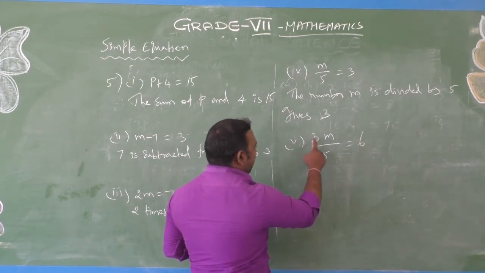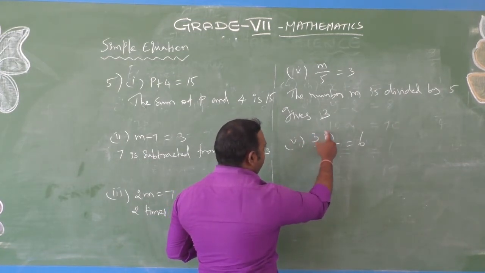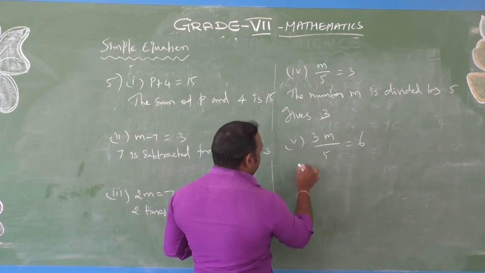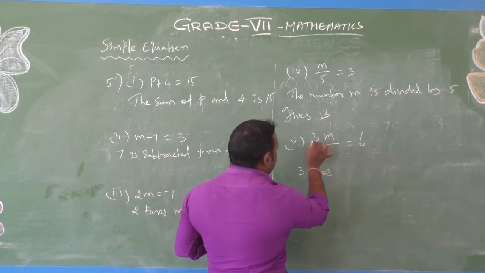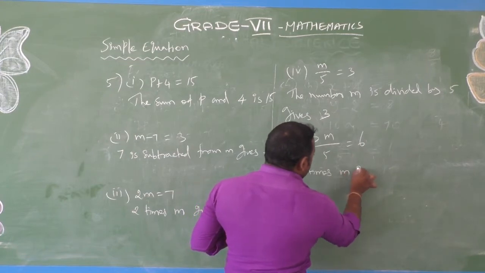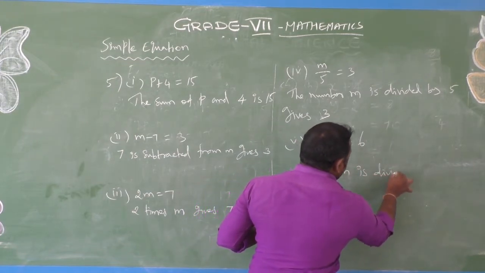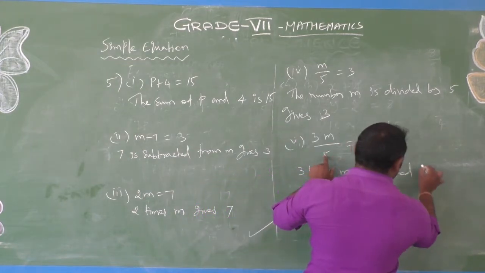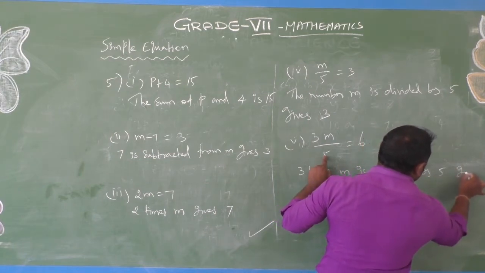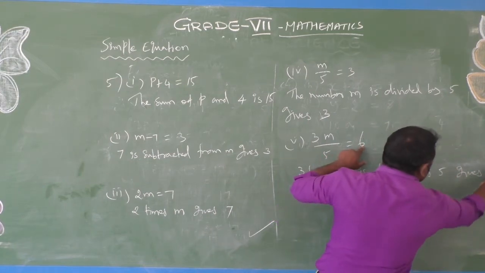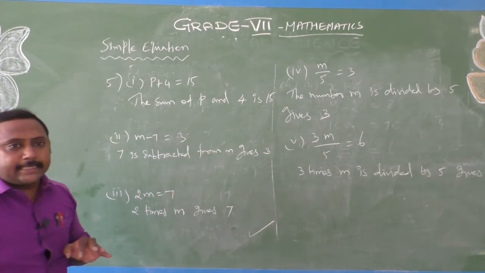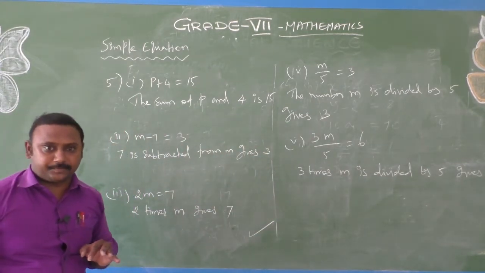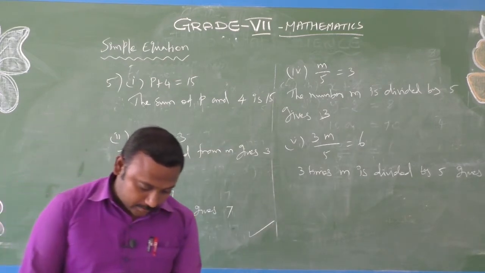Then 3 times m. So 3 times m is divided by 5 gives 6. So those are the statements of the given equations. The next one.